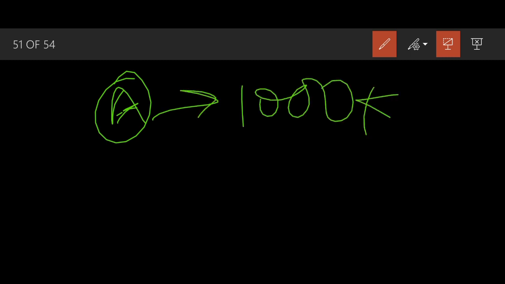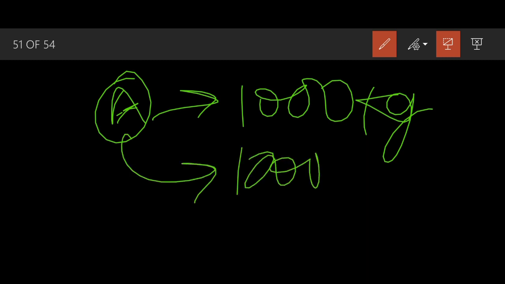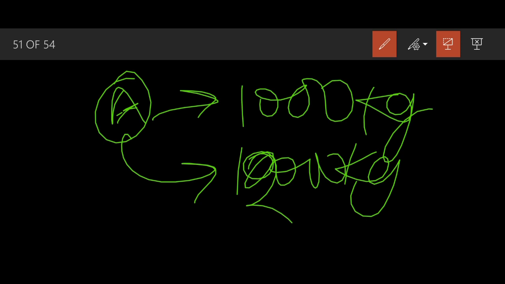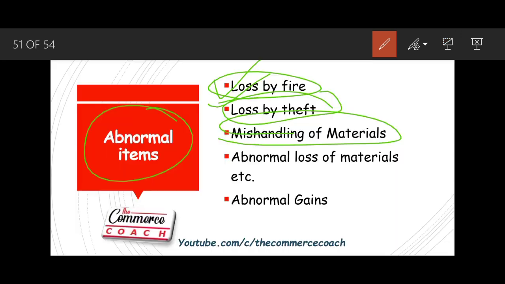Normally it takes 1000 kg to produce a product, but he is taking 1200 kg. Why? Because he is not trained about how to use such material. So this is mishandling of material. It might be possible that 200 kgs has fallen on the floor or has vaporized due to mishandling. This can be controlled by proper coordination between the staff. Abnormal loss of material, etc.